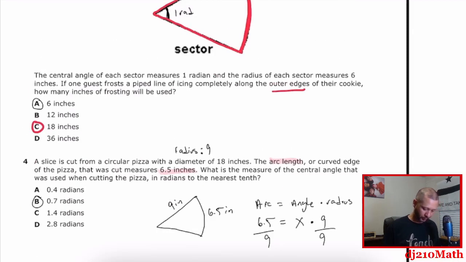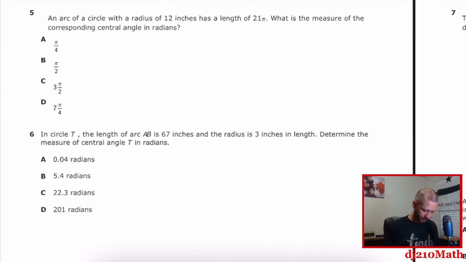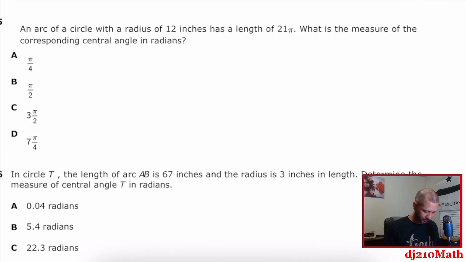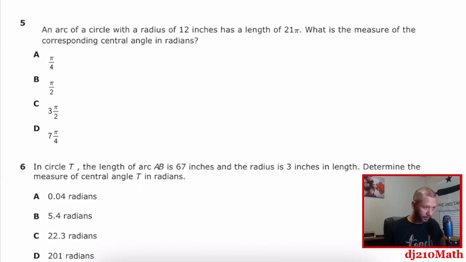Okay, that was 4. Number 5. An arc of a circle with radius 12 has a length. So there's the arc, there's the arc length and the radius.